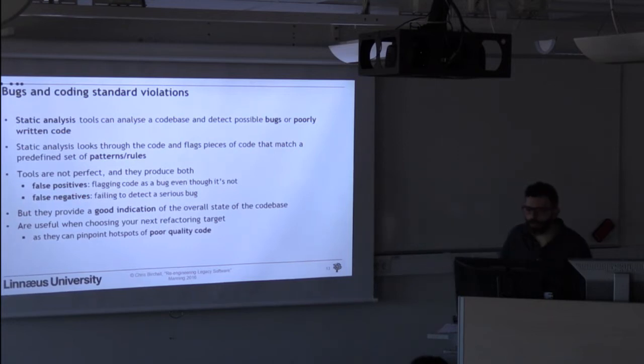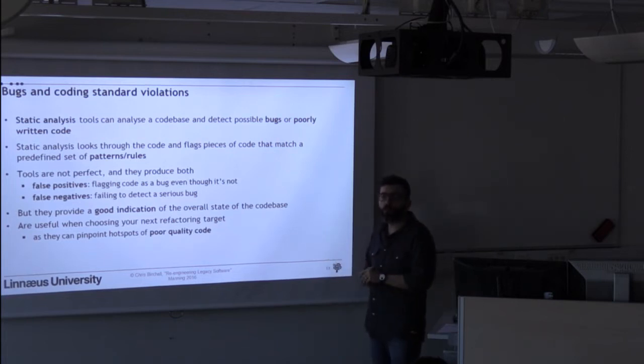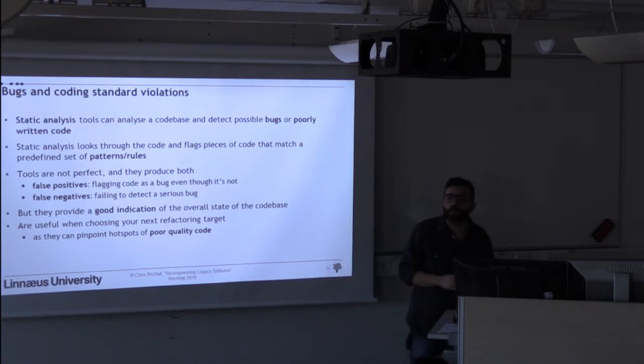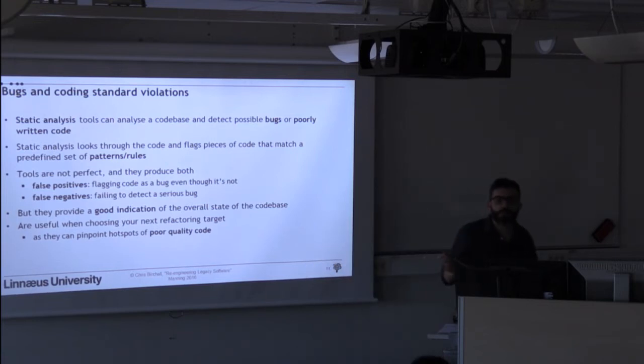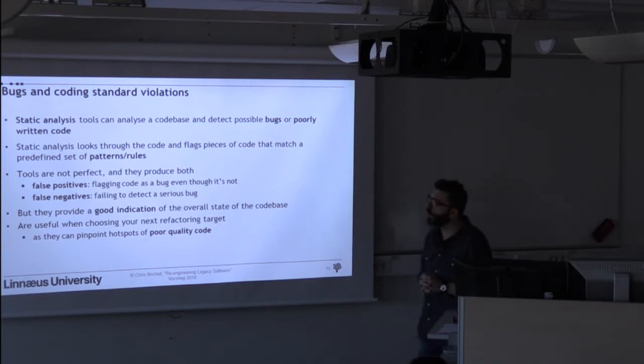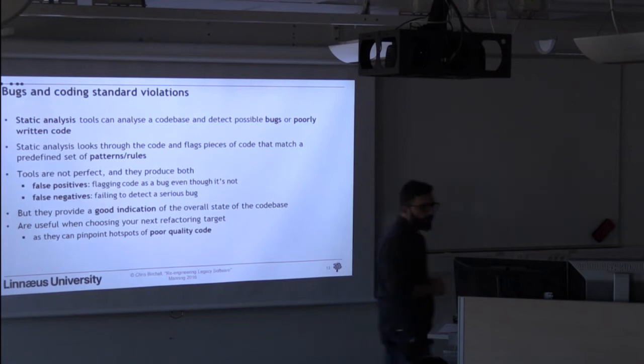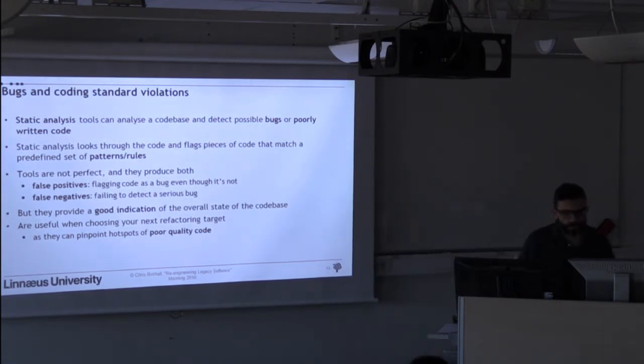Well, at least they allow you to pinpoint some poor quality code that is easy to check, for example the number of dependencies or the cyclomatic complexity of one specific method. They are good at this, a bit less good at finding bugs. There are some bugs that cannot be found by static analysis.